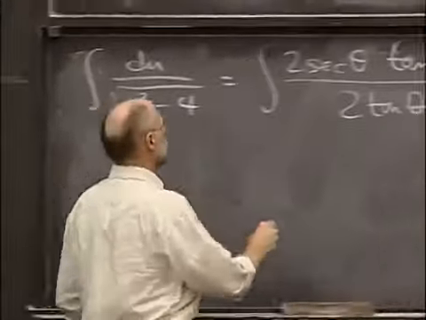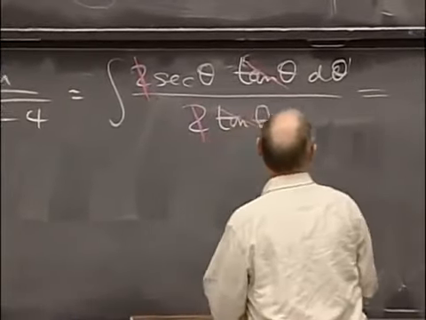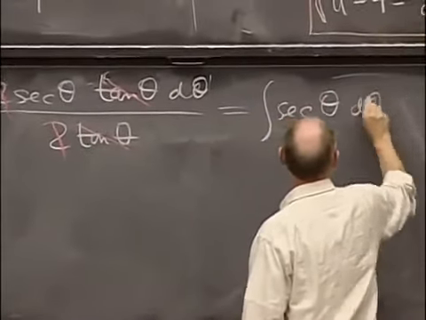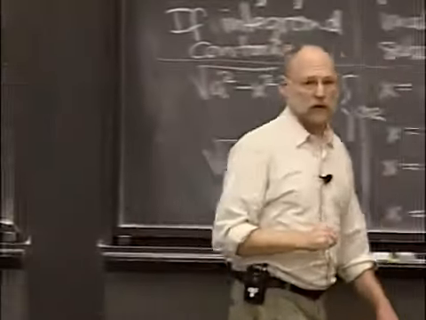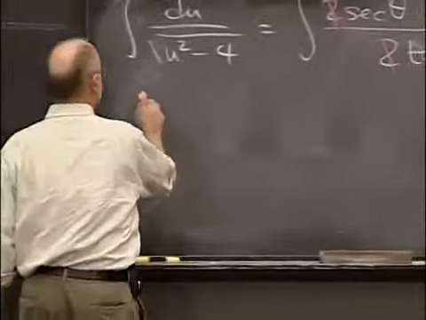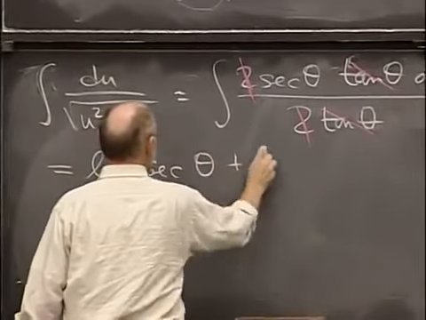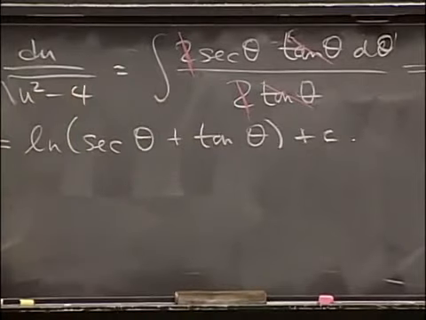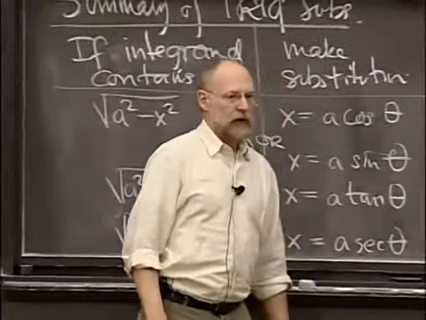The 2's cancel, and the tangents cancel, and I'm left with trying to work with the integral of the secant of theta d theta. And luckily enough, at the very beginning of the hour, I worked out how to compute the integral of the secant of theta, and there it is. So this is the natural logarithm of the secant of theta plus the tangent of theta plus a constant. And we're done with the calculus part.